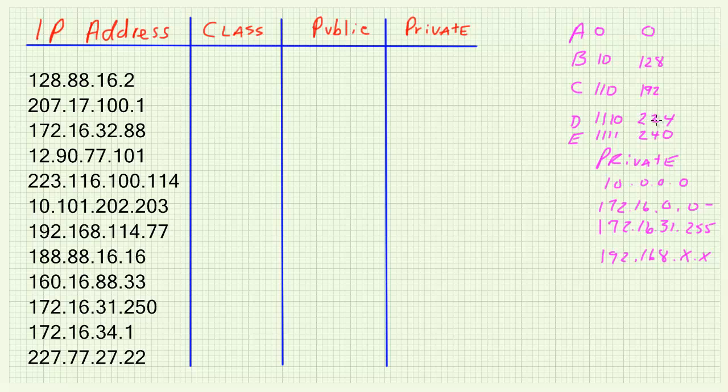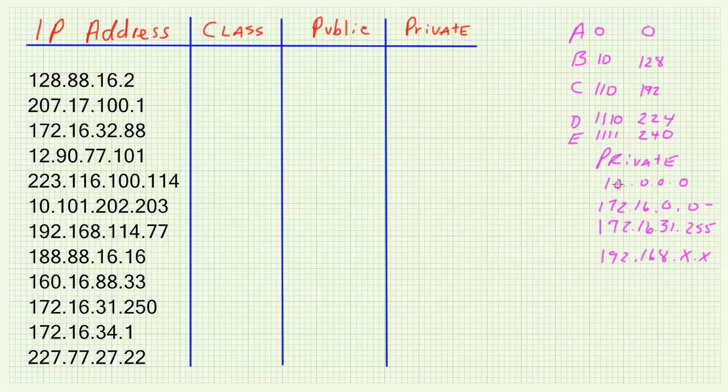We can see that anything that is 224 or higher is going to be a Class D as long as it's 224 or greater, but less than 240. So by using this chart here, we can determine pretty easily whether any given IP address is going to be in a Class A network, a Class B network, a Class C network, or a Class D network.